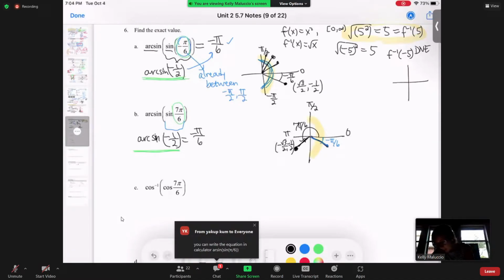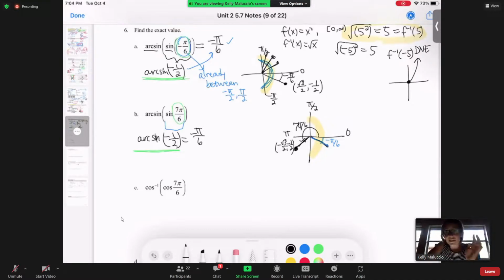kind of like the x squared thing I was saying. If I just do this piece of x squared from 0 to infinity, this is a function. This has an inverse. But as soon as I add this, it ruins the inverse because I get things like this where I can plug in.